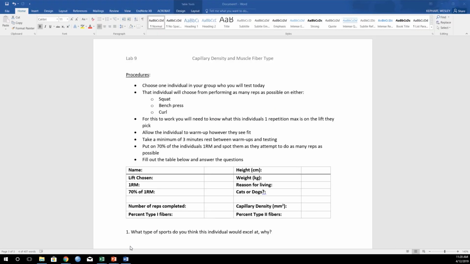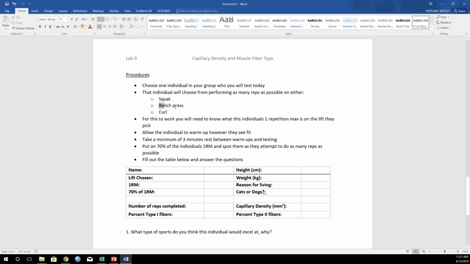Another thing to keep in mind, this is somewhat site specific. If you're doing a squat, we're looking at the capillary density and the muscle fiber type mostly in your legs. There's a little bit of synergist and stabilizer muscles going on here, but mostly quadriceps and glutes.